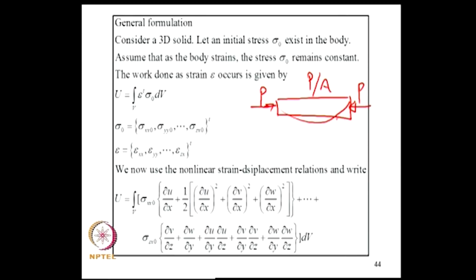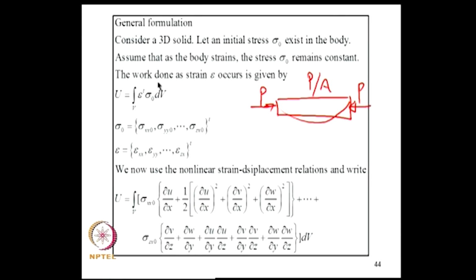That is what we were using in computing the total potential. Now, in a 3-dimensional solid, the generalization is that there exists a multi-axial state of stress in the body, and this remains constant as the body strains. The axial load in the beam problem was not changing as the structure deformed; it was held constant. The same assumption means sigma naught is constant as the body strains.